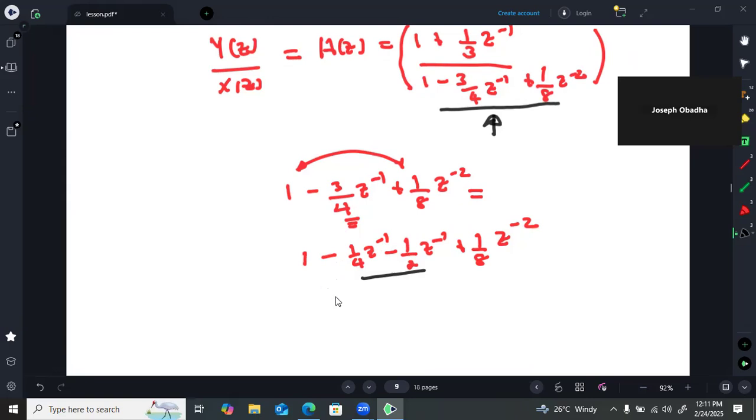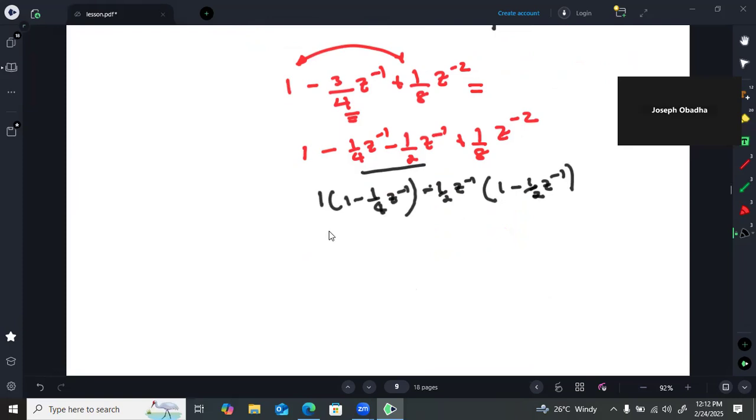So this one I can factorize as 1 minus 1/4 z^-1 into 1 minus 1/2 z^-1.